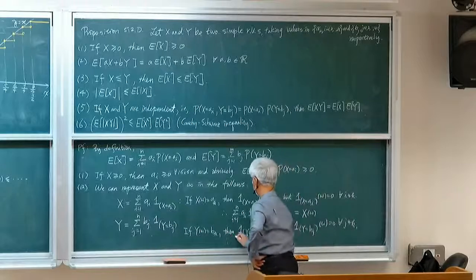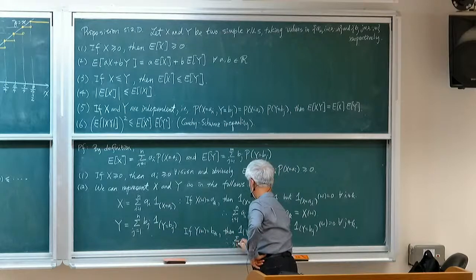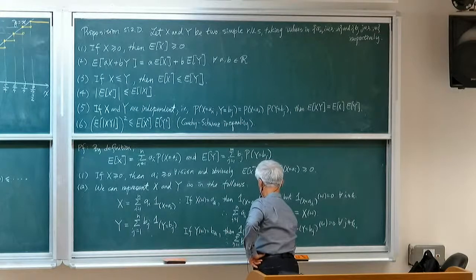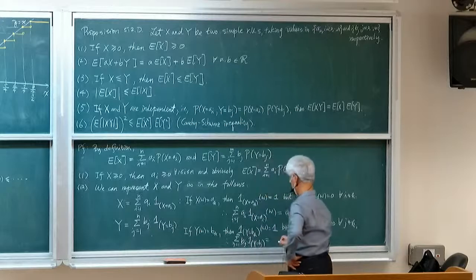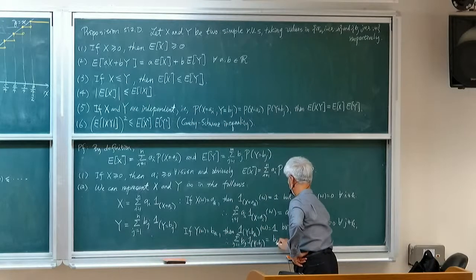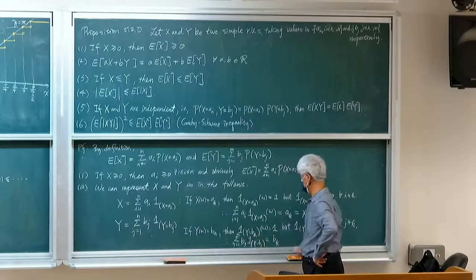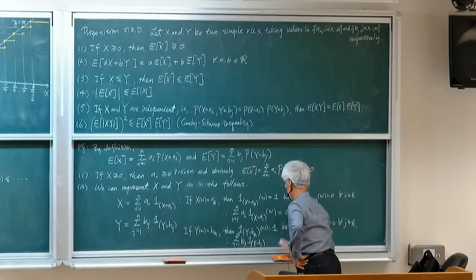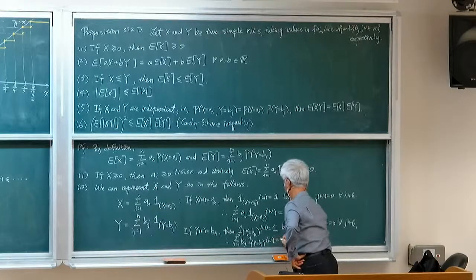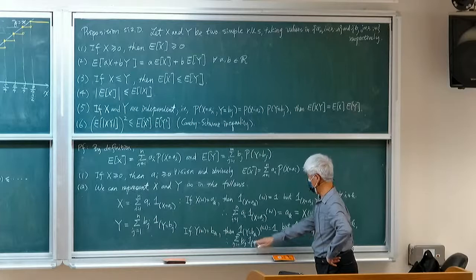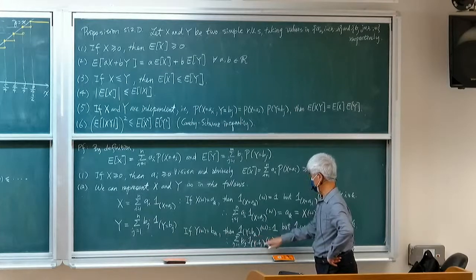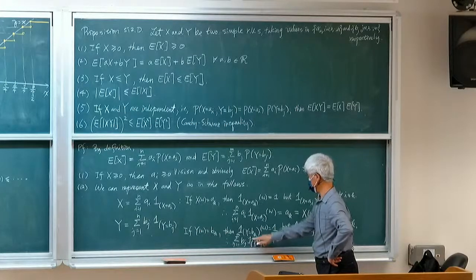So the summation over j from 1 to m of bj times the indicator of Y equals bj at omega will be equal to bk, because only when j equals k is this 1; for j not equal to k, this is 0.